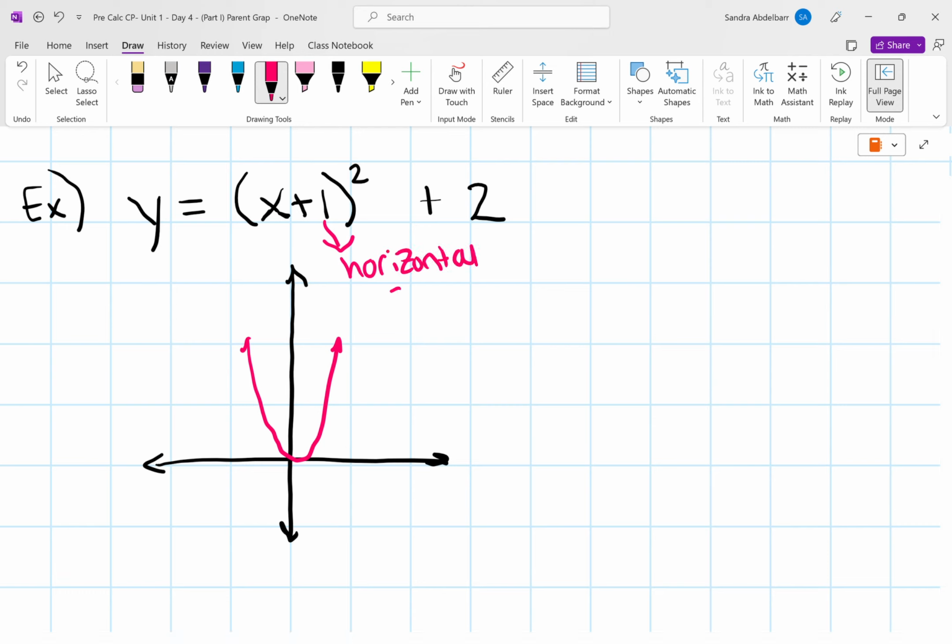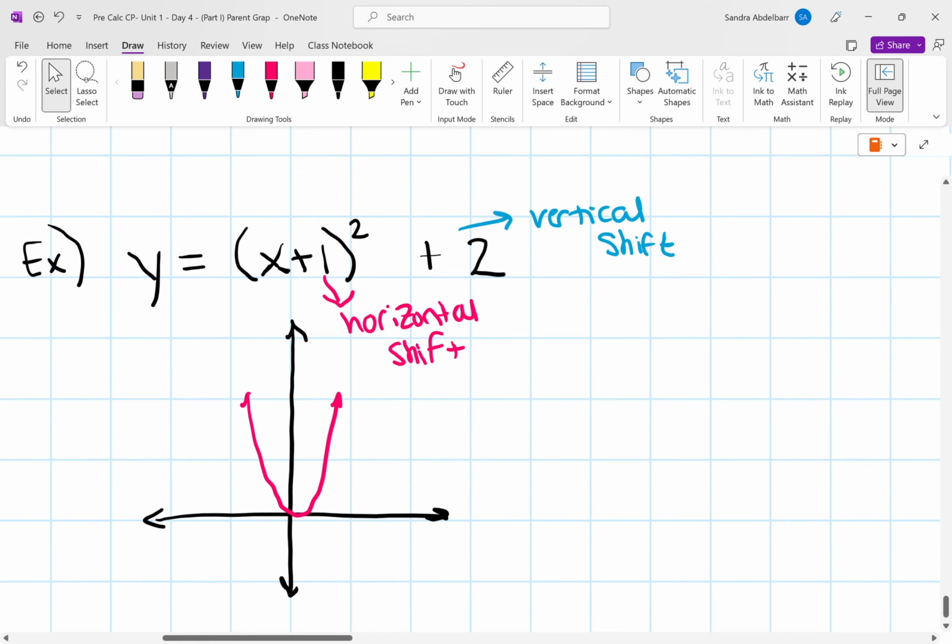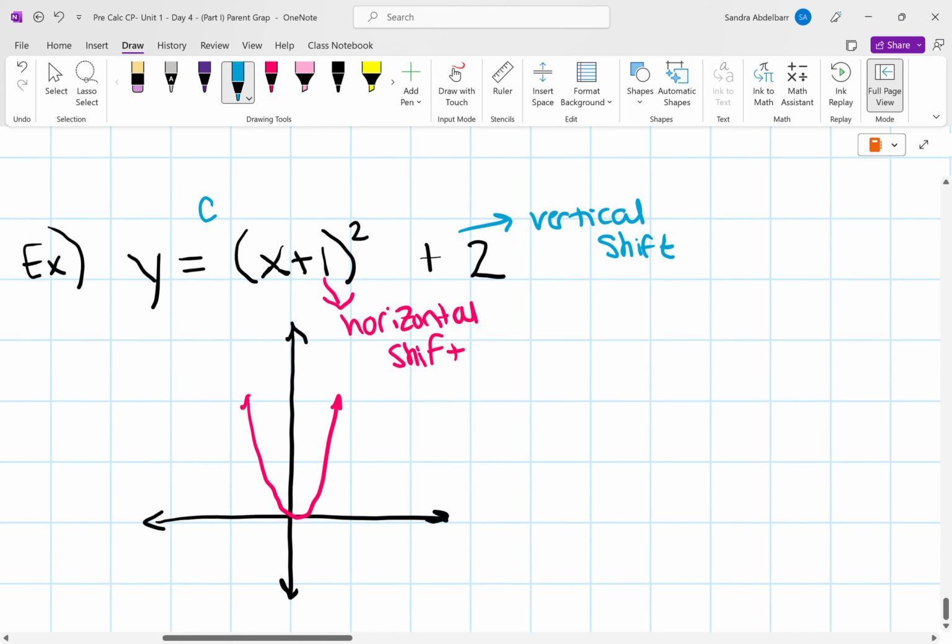Then, remember, inside our parentheses is our horizontal shift, and at the end is our vertical shift. Now, our format is we want x minus h, squared, plus k.